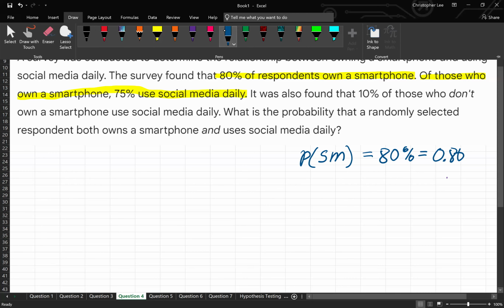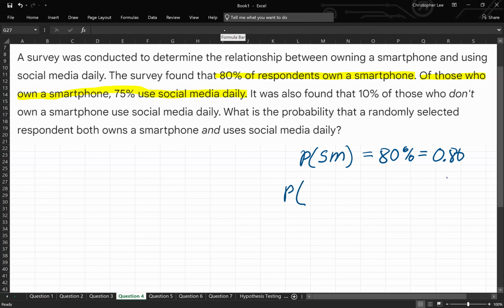So the probability of social media daily, let's say I'm going to call that daily, given that you have a smartphone, that's 75%, or 0.75. So let me ask you, do you understand why I wrote this that way? Because that's really, really important to see.